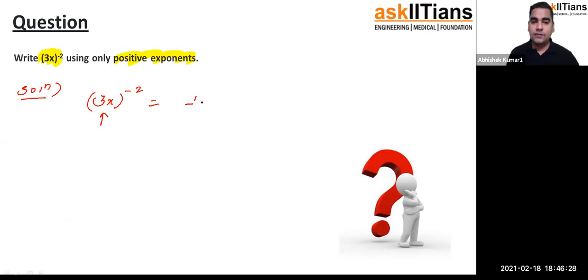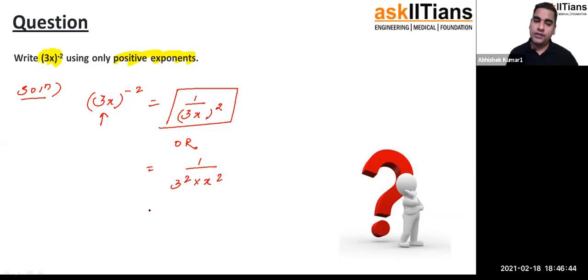So if I take the reciprocal of it, I will be getting 1 upon 3x raised to the power 2. Understood? Either you can leave it as it is, or if you want to simplify it more, you can simplify it more. That is going to give you 1 upon 3 square into x square. We know what is 1 upon 3 square, that will be 1 upon 9x square.